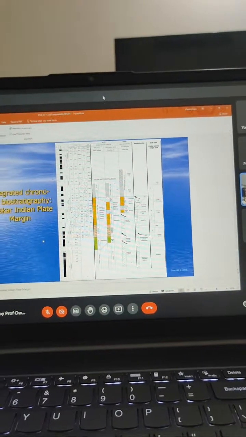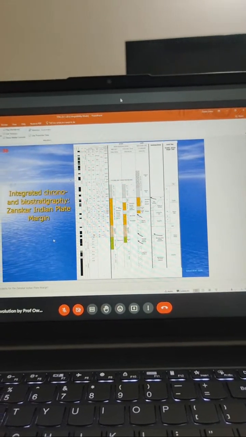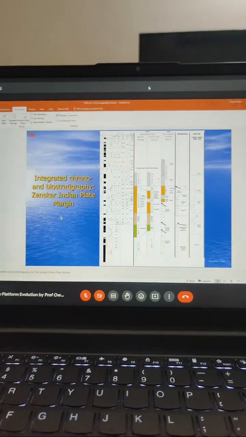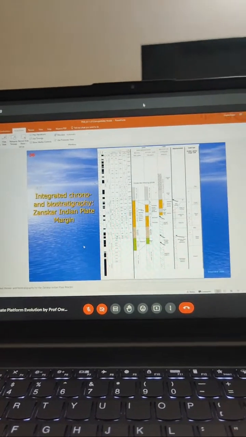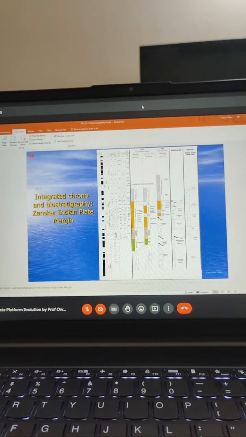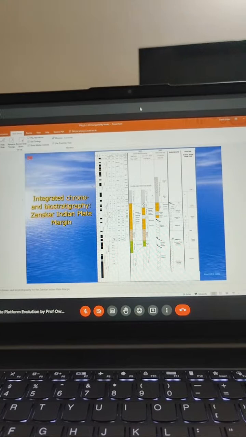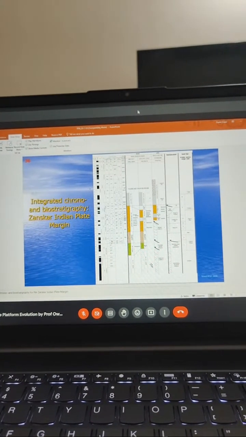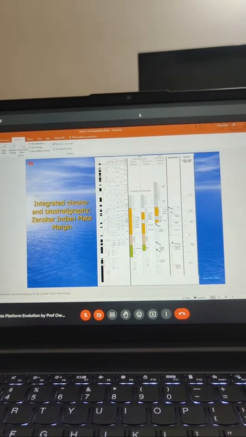Well, this work is all really Mike's major contribution, and what he works on is where we put together an integrated chrono and biostratigraphic section for it, and then got the age of our final marine sediments that we could see in the Zanskar Ladakh area.